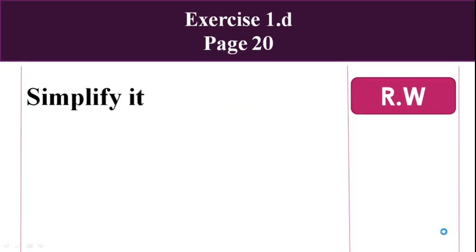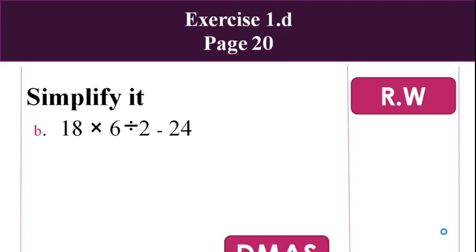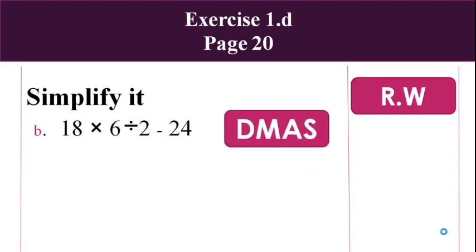Students, we have another question in which you can see there are three operations: multiplication, division and subtraction. Let's solve it according to DMAS rule. First of all, divide. We have to find out between which two digits the sign of division is. Here is the sign of division. We have to underline it between 6 and 2. Let's solve this portion first. The rest of the question remains the same.